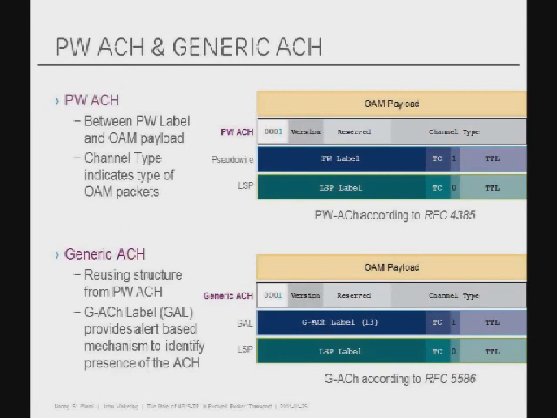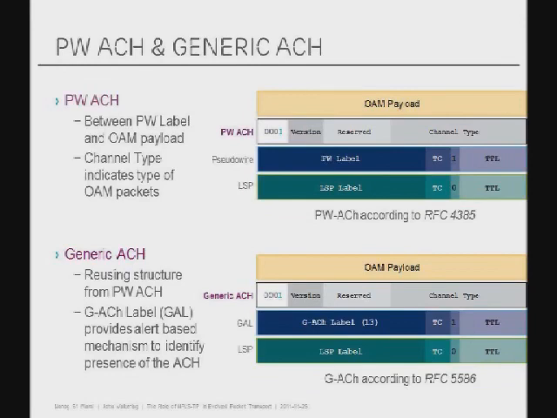And we've done something similar for the LSPs, for the generic associated channel. So where we had the LSP that already was carrying, for example, a pseudo-wire, there is a new reserved label introduced in MPLS-TP, which is reserved label 13. This label is known as the GAL, or the generic associated label. So what does this label basically do?